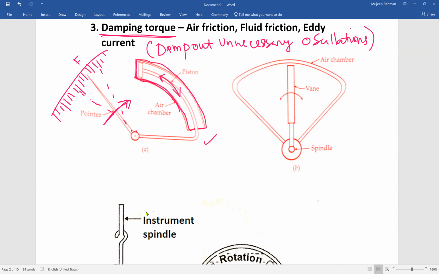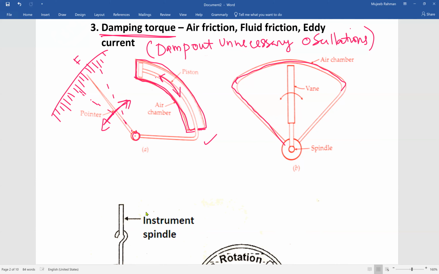So we have an air filled chamber. In the chamber there is a piston, and that piston is attached to the moving system. Whenever the moving system moves, the piston is also moved to and fro inside the cylinder of the chamber, and because of the presence of the air inside, the oscillations can be controlled or limited. Another mechanism is made up of a sector shaped vane.